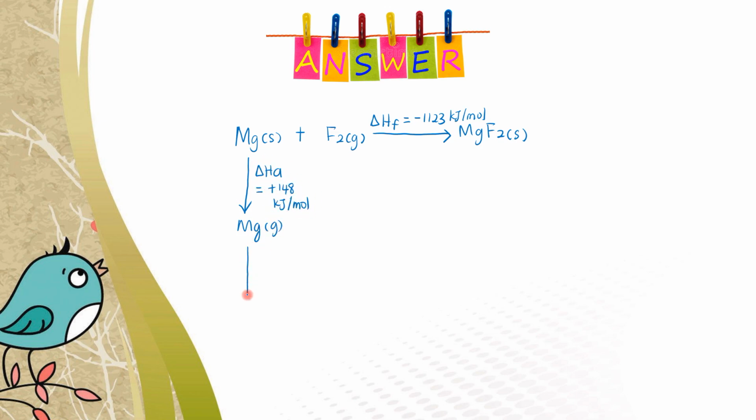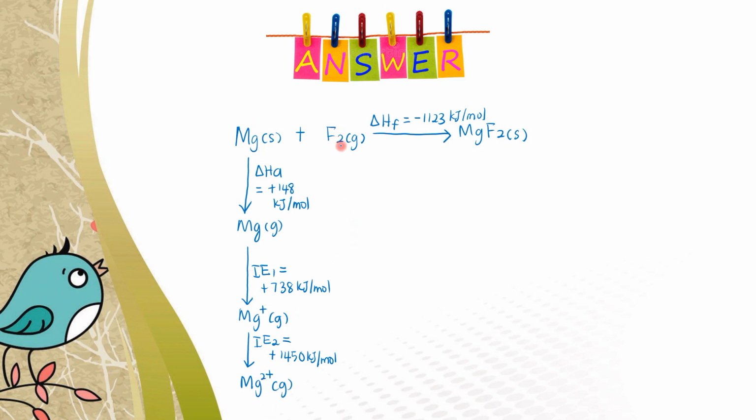Next, first IE to become Mg plus. Next, Mg2 plus, second IE. Remember, from metal until it becomes an ion is one complete set.